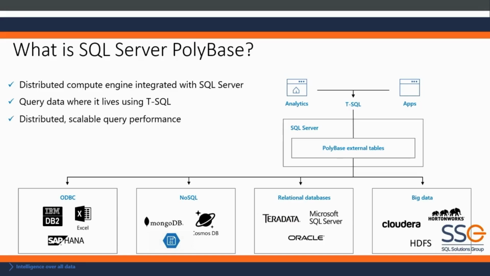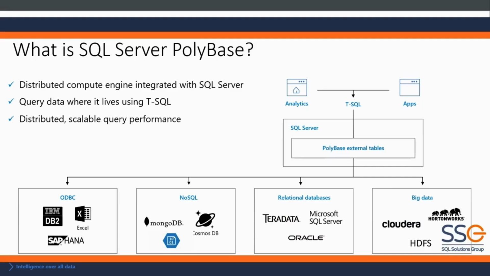If I'm doing a more complex scenario, where it's a distributed environment, as we call out in the first bullet point, distributed compute engine, I can distribute my queries across multiple nodes if I need to. So even with SQL Server, I can distribute my workload across many nodes to improve the performance of my query.